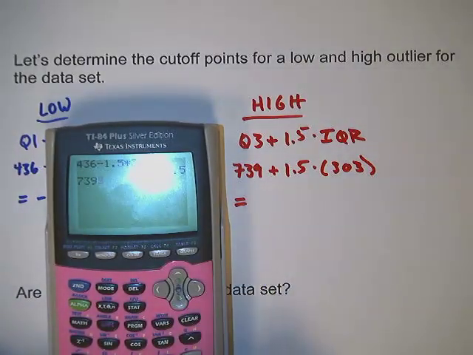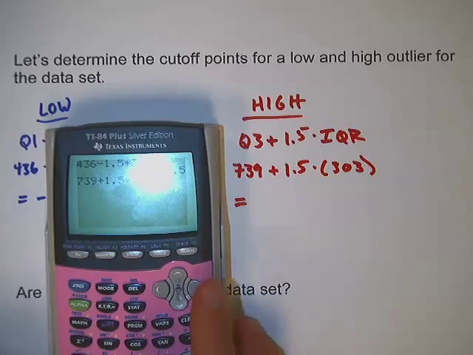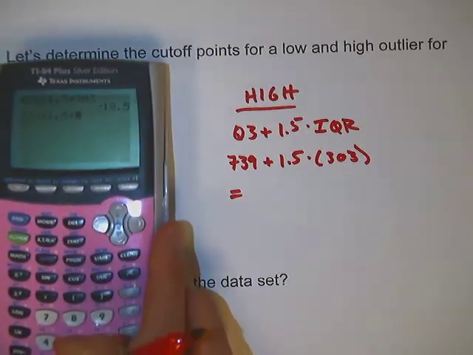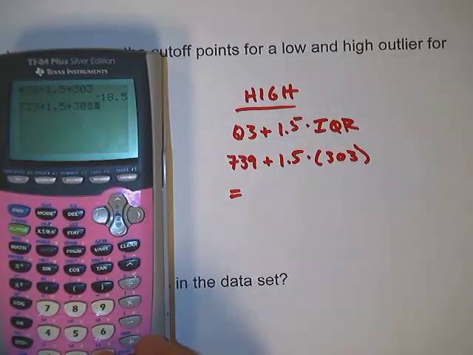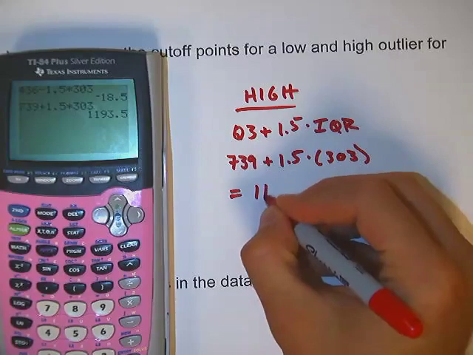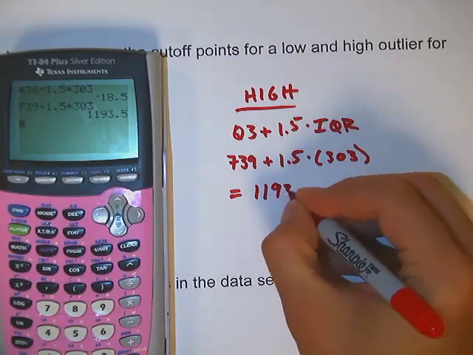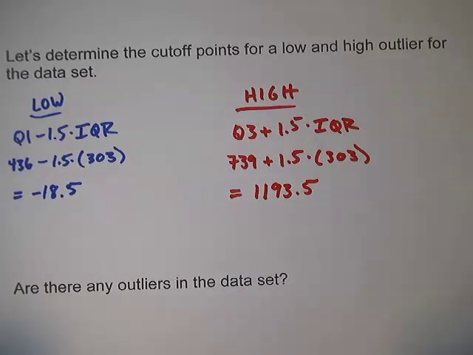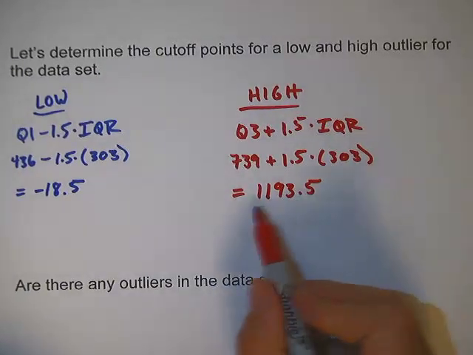So 739 plus 1.5 times 303. Okay, and that gives me 1,193.5. So for something to be a high outlier, it needs to be larger than this value.